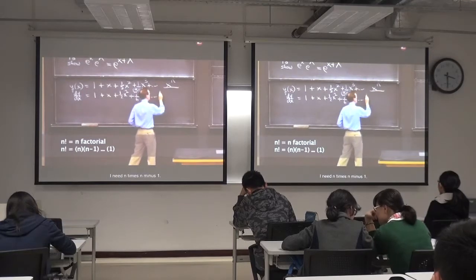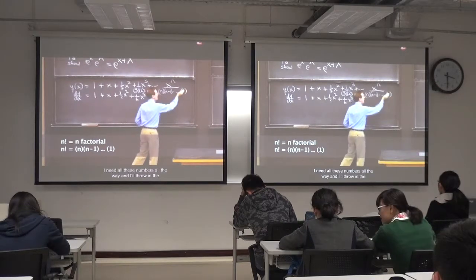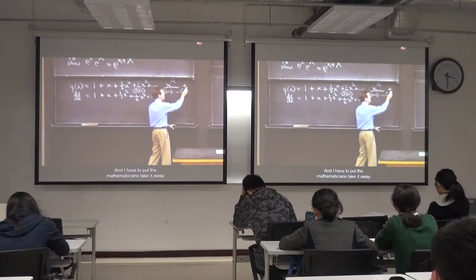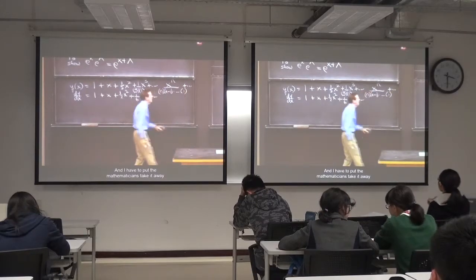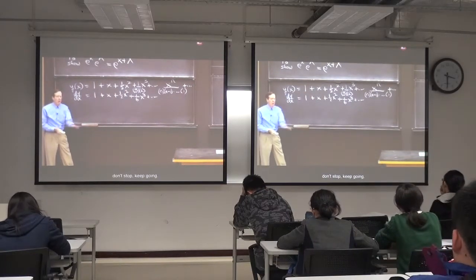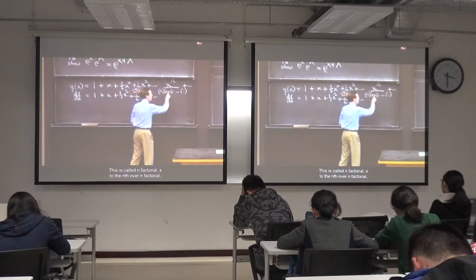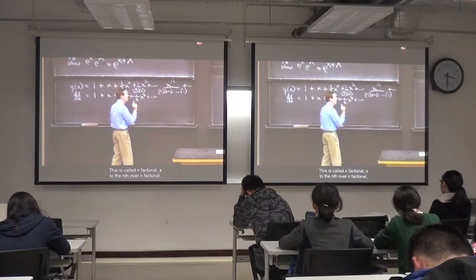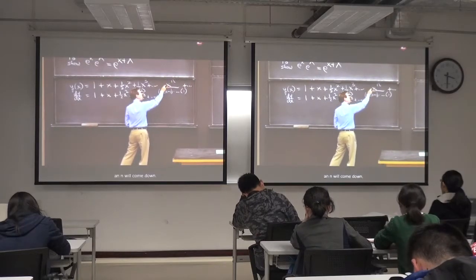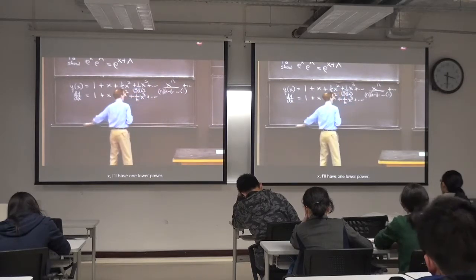I need n times n minus 1. I need all these numbers all the way, and I'll throw in the 1 at the end. And I have to put the mathematicians' take it away symbol, the little 3 dots that mean don't stop, keep going. But do you see that this will be okay? This is called n factorial, x to the nth over n factorial, because when I take the slope of x to the nth, an n will come down, cancel that n, and I'll have 1 lower power.